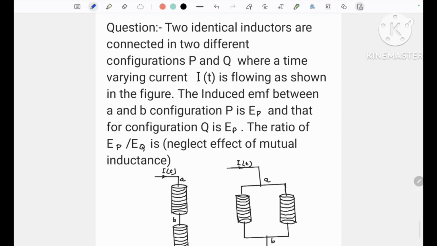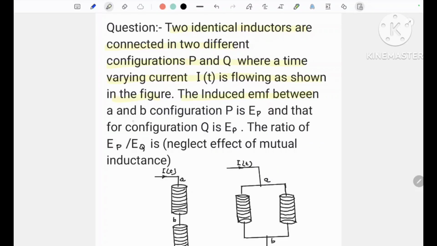Next, two identical inductors are connected in two different configurations P and Q, where a time varying current I(t) is flowing as shown in the figure.